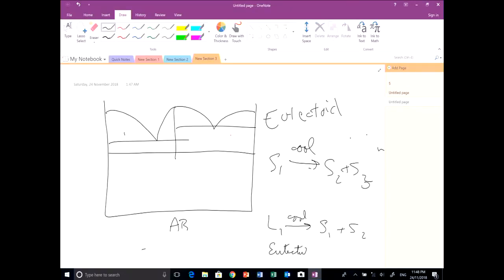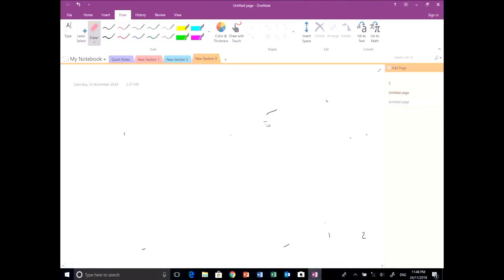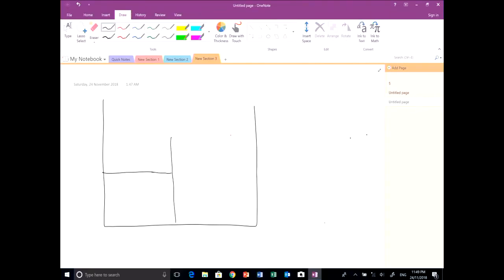Now, we obviously are going to have some more invariant points to worry about. So I now got a new kind of horizontal line here.